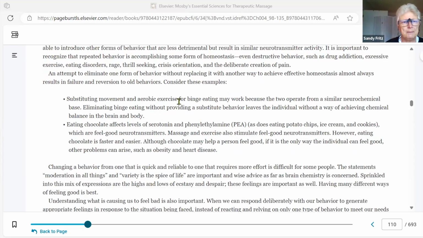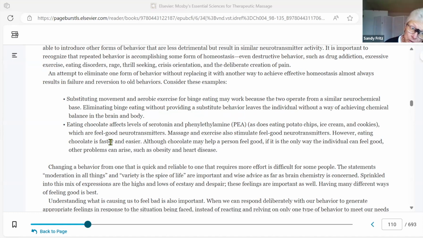So a couple examples here. Substituting movement and aerobic exercise for binge eating may work because the two operate on a similar neurochemical. So eliminating binge eating without providing a substitute behavior leaves the person without the ability to achieve a sense of okayness. I'm okay.